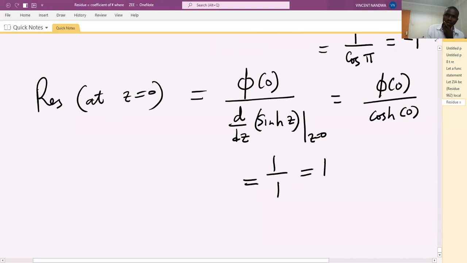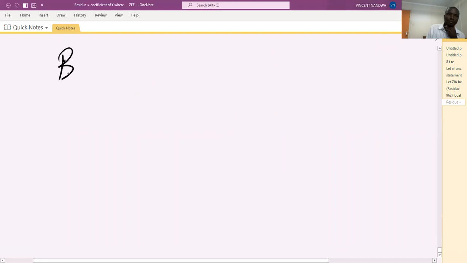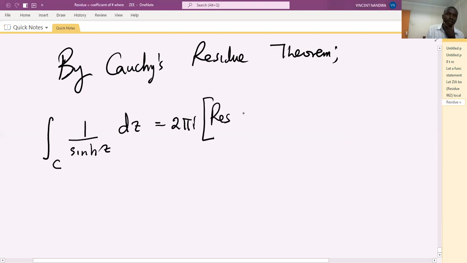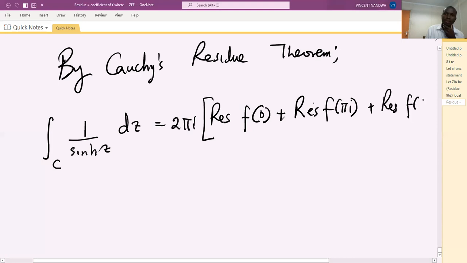So by Cauchy's residue theorem, the integral along C of 1 over hyperbolic sine of z dz will be given by 2 pi i times the residue of the function at 0 plus the residue at pi i plus the residue at minus pi i.